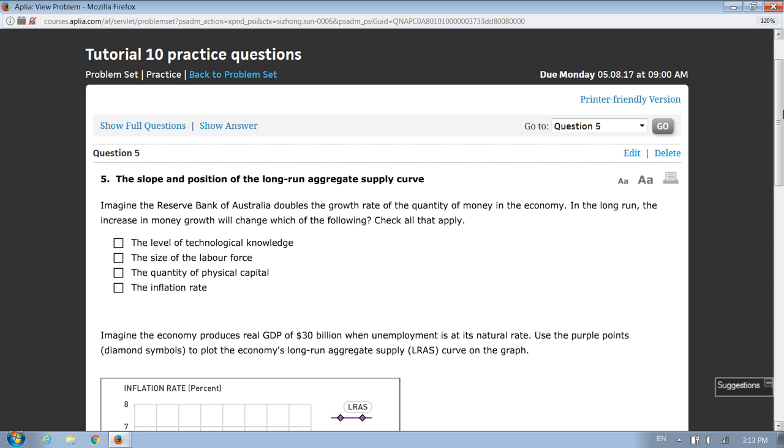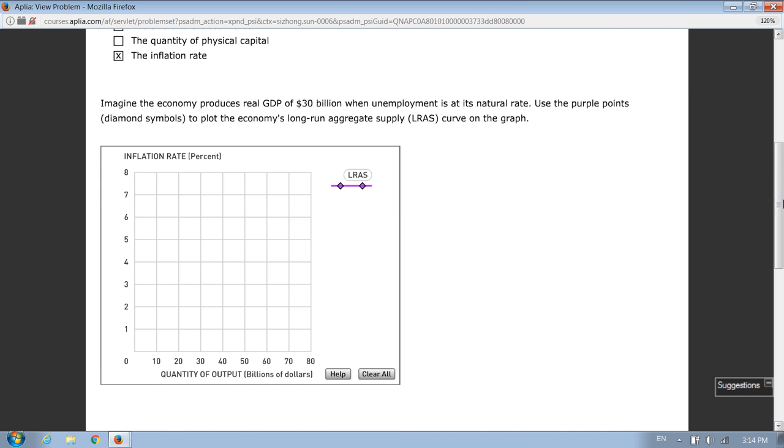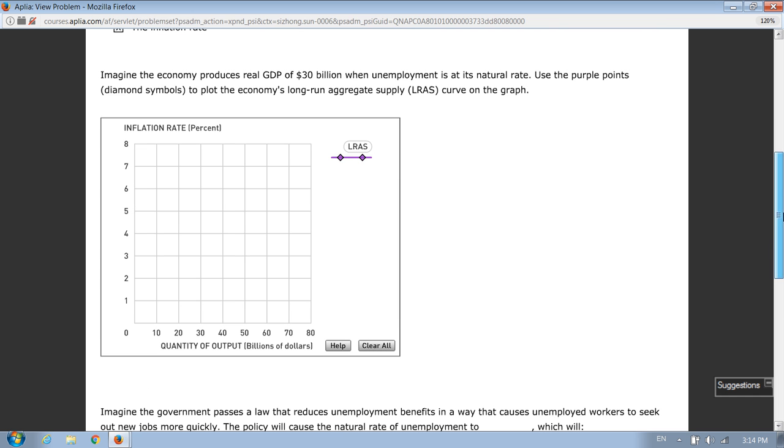In the long run, the increase in money growth will change which of the following? Note that in the long run, money is neutral. So when the RBA doubles the growth rate of the money supply, it's going to be fully reflected in the price level or the inflation rate. So the inflation rate will double.